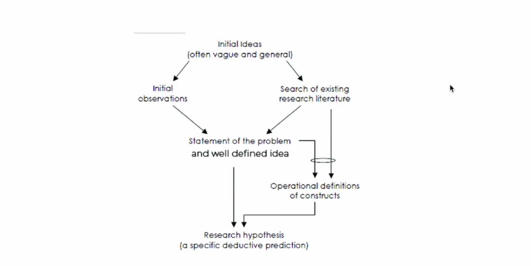Okay. Of course, we start with vague and general ideas. Okay. And how do we do that? We do that by first doing initial observations and then by searching for existing research literature. Of course, if you want to predict an outcome of a particular study, you cannot do that if somebody has already done it.